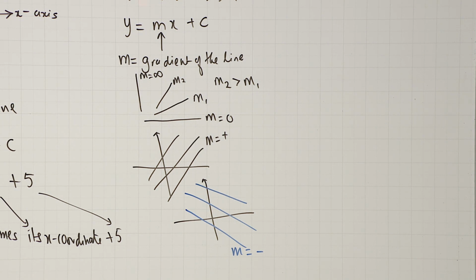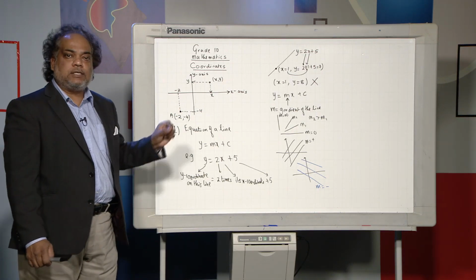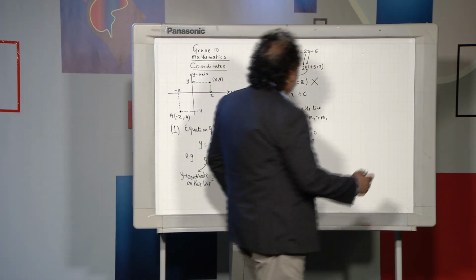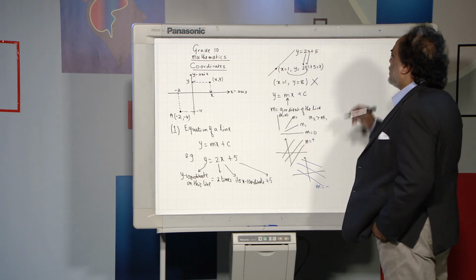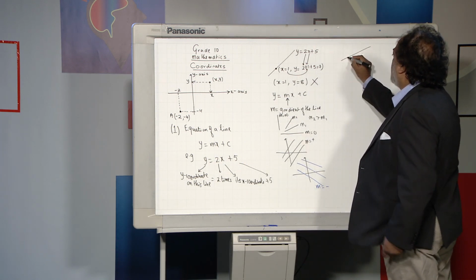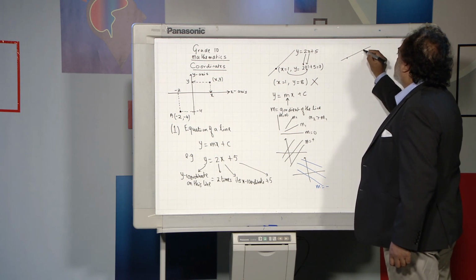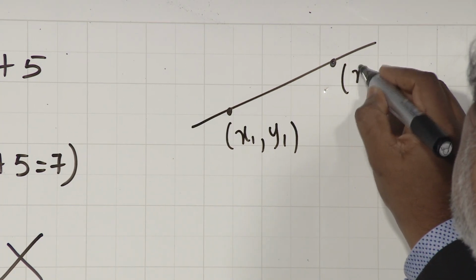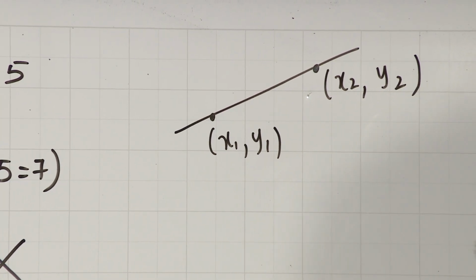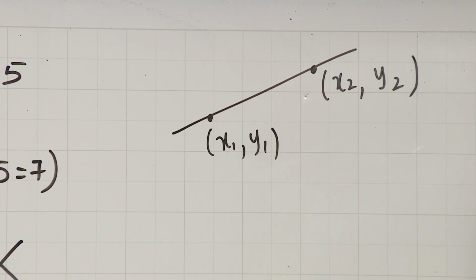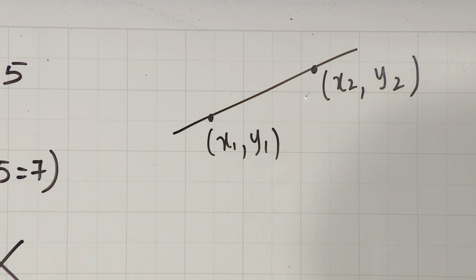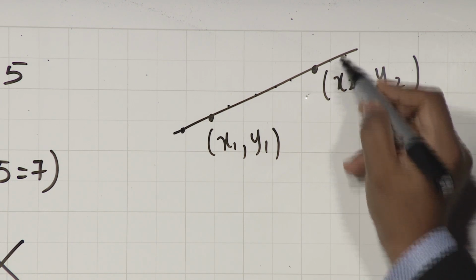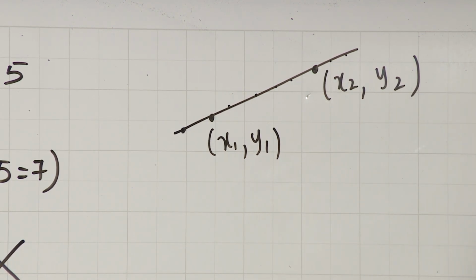How do I find the gradient now? I want you to understand what each term represents first before we go and calculate. How do you calculate the gradient of the line? One way to calculate the gradient of a line is to take 2 points on the line, which I can call x1, y1, x2, y2. Of course, how many points are there on the line? Infinite. How many you need to calculate the gradient?